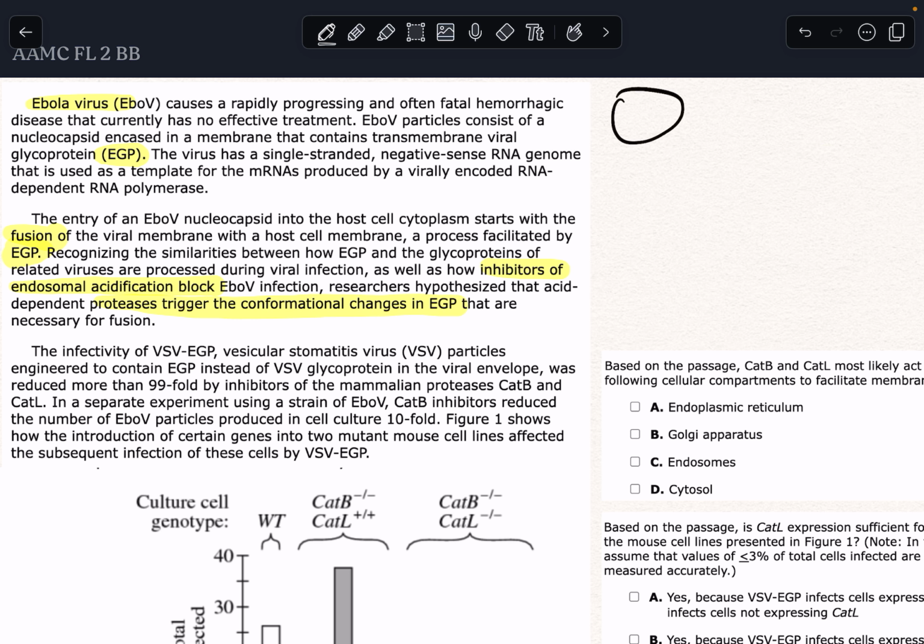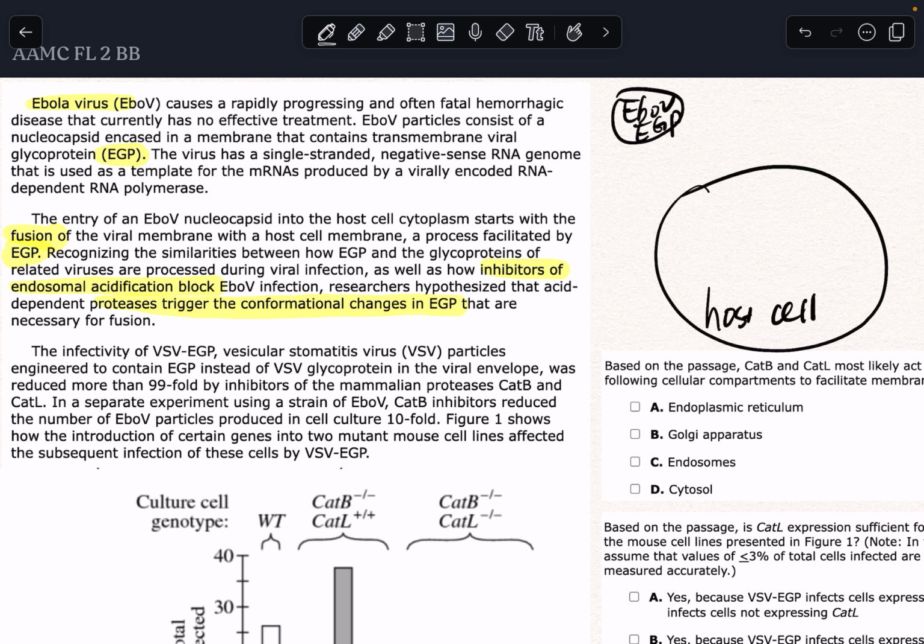So I have some virus, it's the Ebola, and Ebola has some very important glycoprotein called EGP, right? So we know that this virus wants to infect my host cell. Okay, so this is my host cell. How does it enter the host cell to infect it? Through membrane fusion, right? And this fusion is facilitated by EGP.